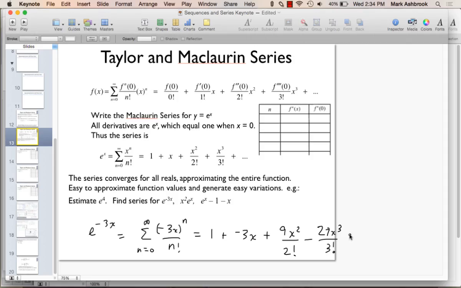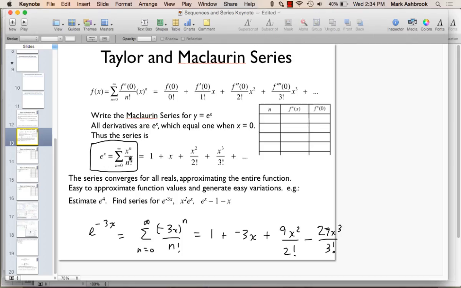Question, Alec. How did you drop the 3 with the negative 3 from the exponent to the coefficient? No, so this is the function e to the x. The function e to the x is the sum of x to the n over n factorial. So it's like a function, right? If e to the x is this, then what's e to the 5th?